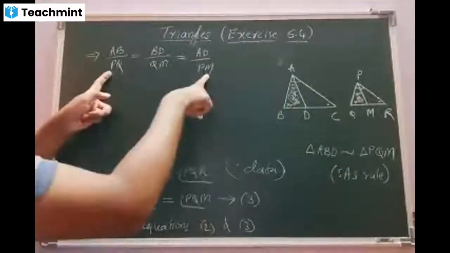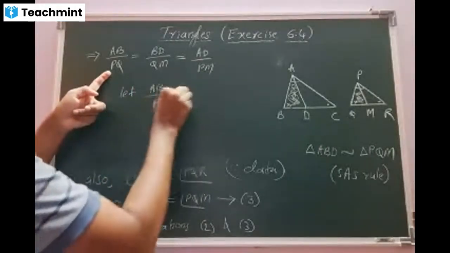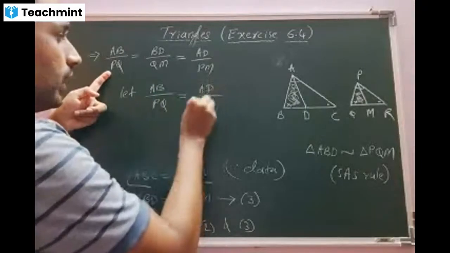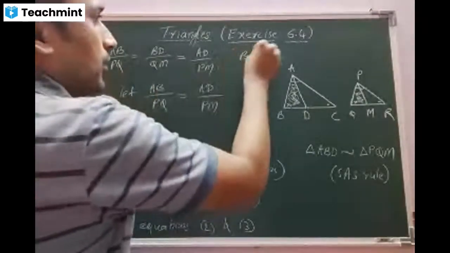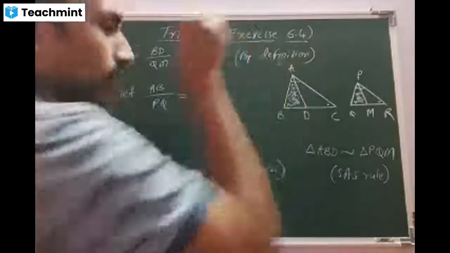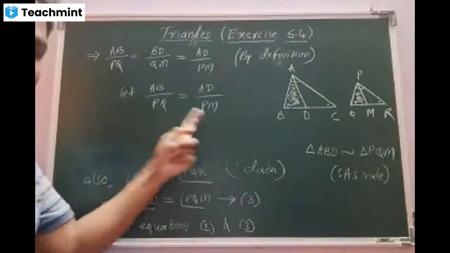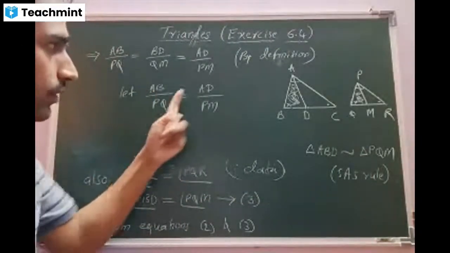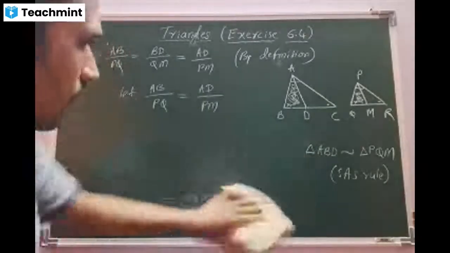I'll take one to the last. Let AB by PQ is equal to AD by PM. But this one I have written with the help of the definition of similar triangles. Now, beta, we got the success. AB by PQ is equal to AD by PM. Am I right?